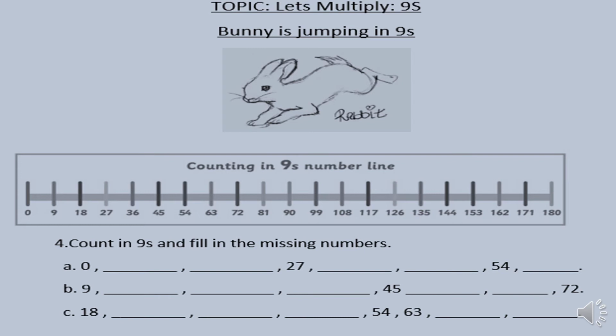B part is 9, then 18, 27, 36, 45 is given, then 54, 63, 72 is given. C part is 18, 27, 36, 45, 54, 63, 72 and 81.